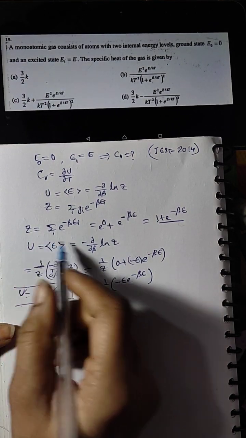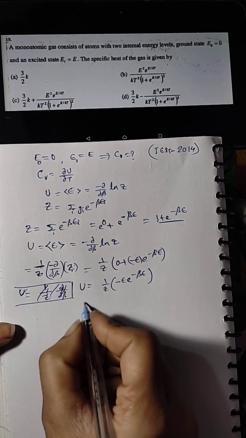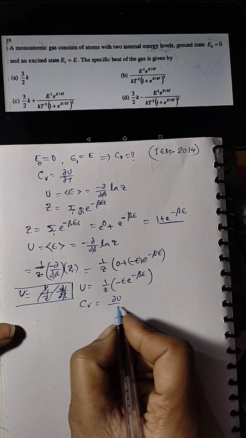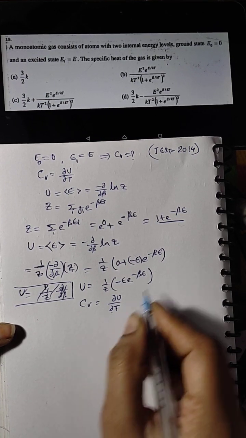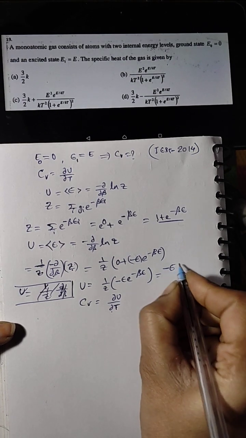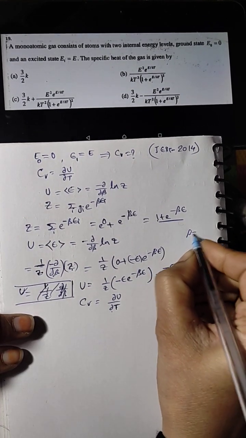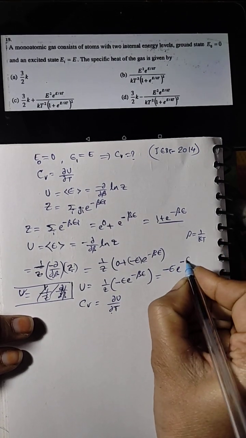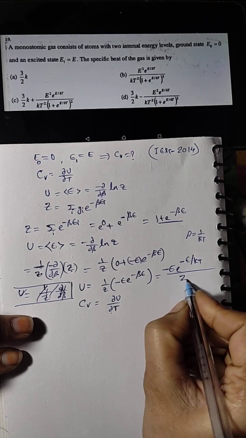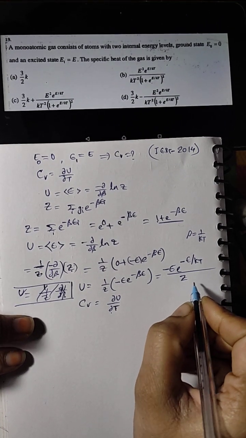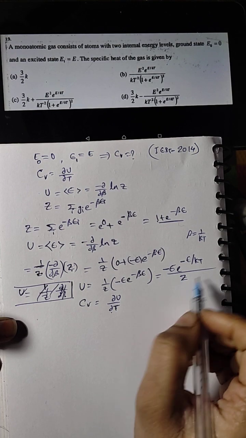U is completed now. Internal energy completed, then specific heat is equal to dou U by dou T. So we have to differentiate with respect to T. So let us write this in terms of T. Beta is equal to 1 by kT, so it is E e power minus E by kT by Z. We can also write the Z value, but for easy calculation let us keep Z in the denominator.